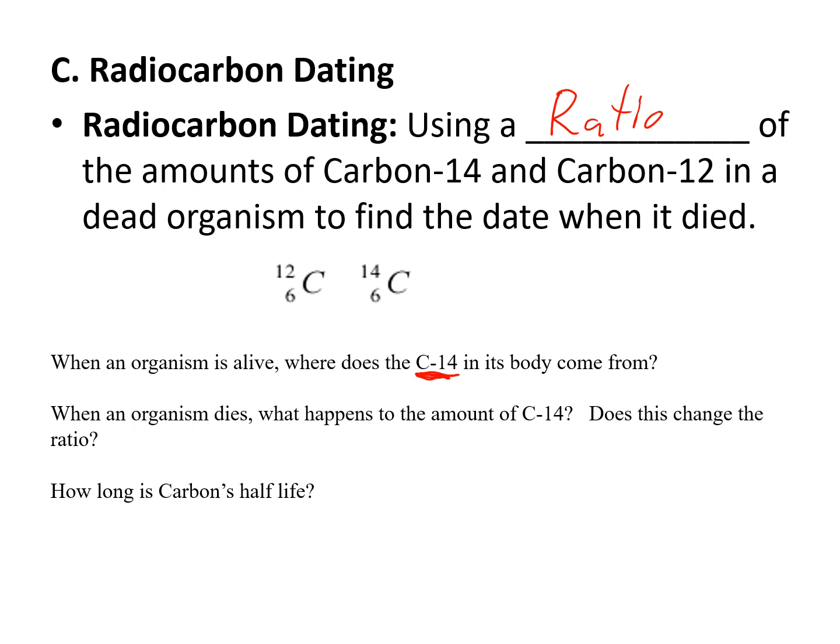So we can look at all that kind of stuff and figure out when organisms died. For example, when we look at when first peoples, indigenous peoples, came to North America, they crossed the Bering Land Bridge. How do we know this? Well, we can find remains from 20,000 years ago and figure out that it was 20,000 years ago because of carbon-14.